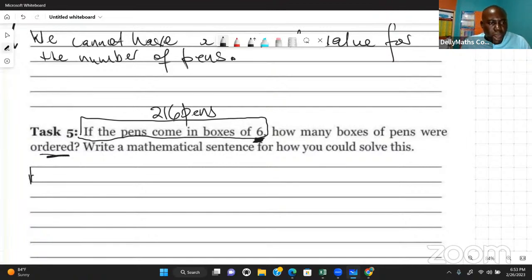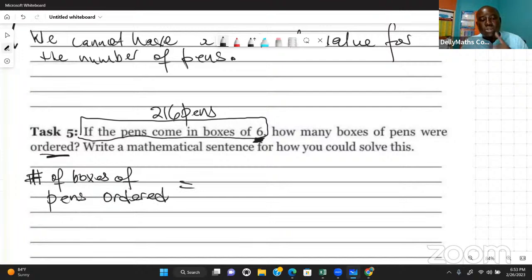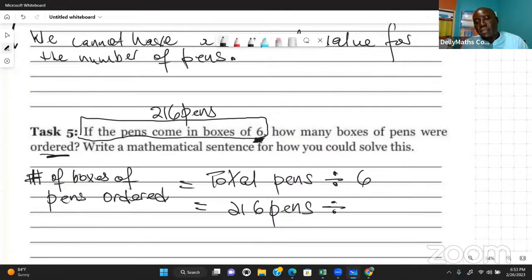So the number of boxes of pens ordered will equal the total pens, 216, divided by 6.